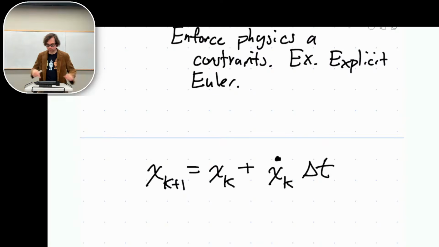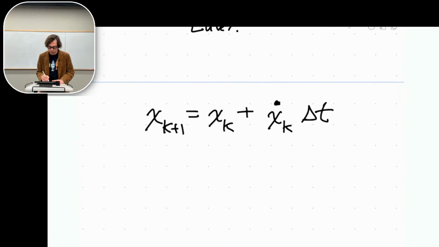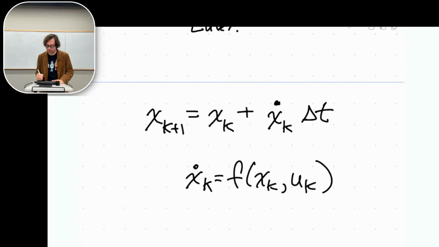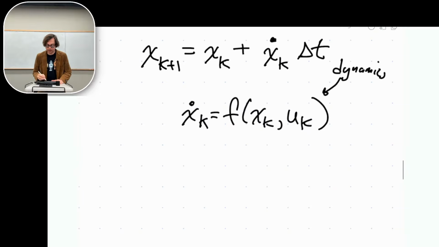Now, we do recall that x dot of k is going to be some function of x of k and u of k. That's your dynamics. If it's linear, or LTI, what's LTI stand for? Can anyone remind me what LTI stands for? Linear time invariant.